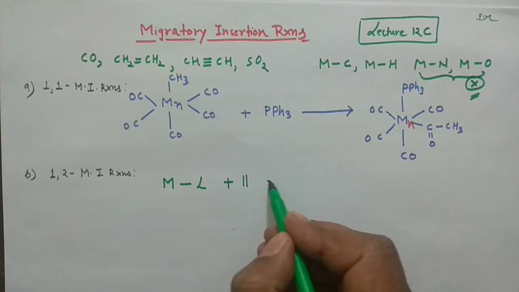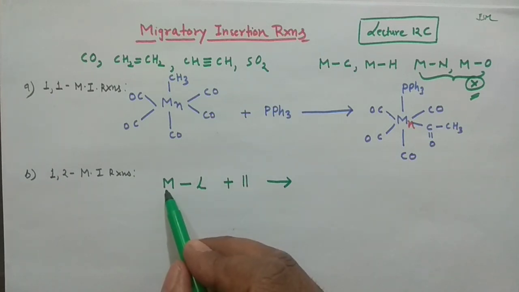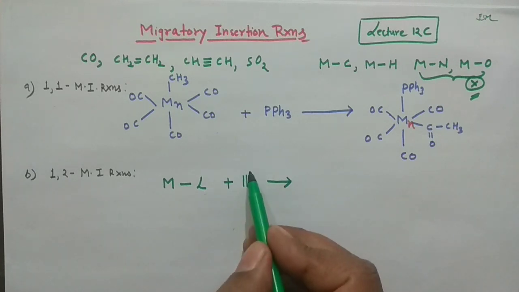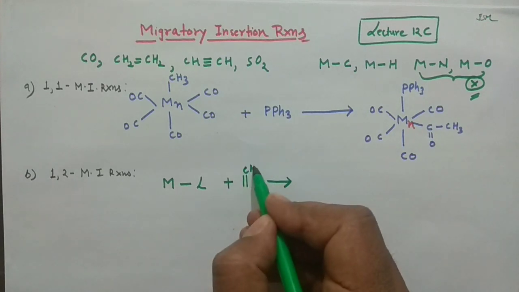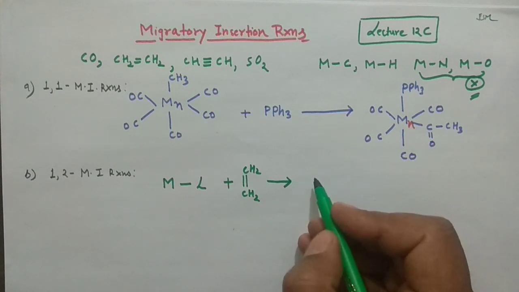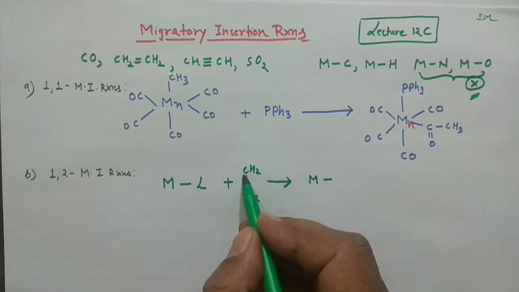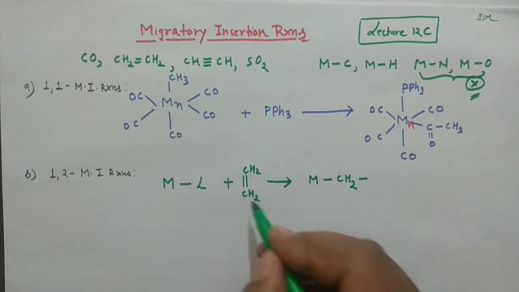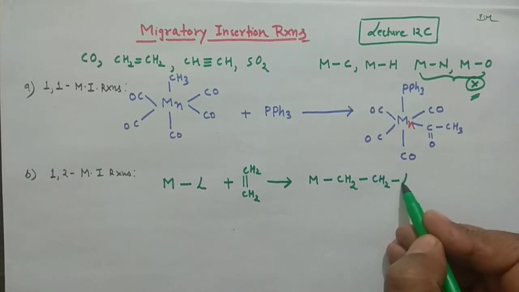So what will happen in that case, say this ligand will migrate, and this metal and this migrated ligand will form the bond with different atoms of the unsaturated ligand. So basically it is what? It is CH2, it is also CH2. Okay, and when the product forms, the metal and one carbon will form a bond with that metal, and this is another CH2 group, and then your ligand.